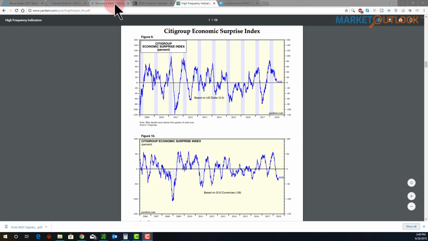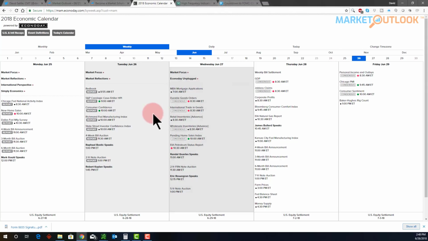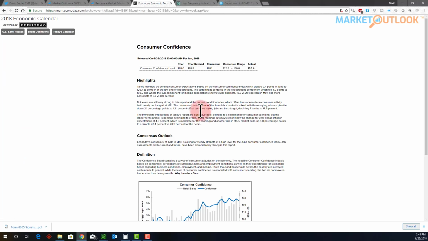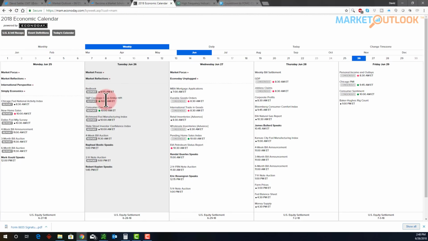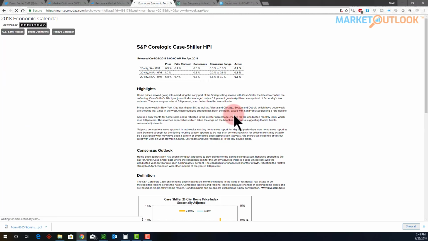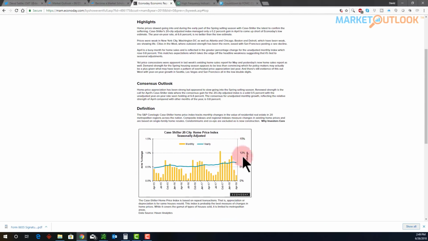All right, now let's talk about what's driving the price action today. You can see there's a few things on the economic calendar. Consumer confidence came in a little bit below estimates, below what it was, but still at relatively high levels. Case-Shiller home price index is growing year over year 6.6%, a little bit below the estimates and below where it was before, but still at relatively high levels.